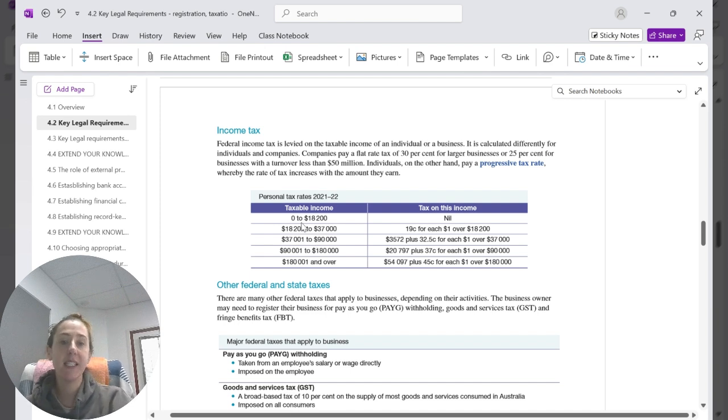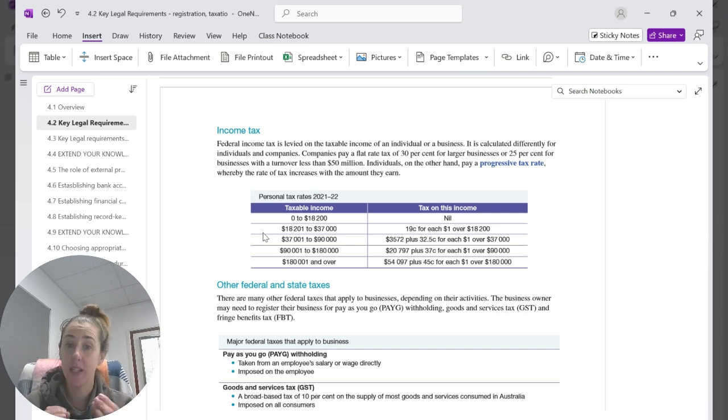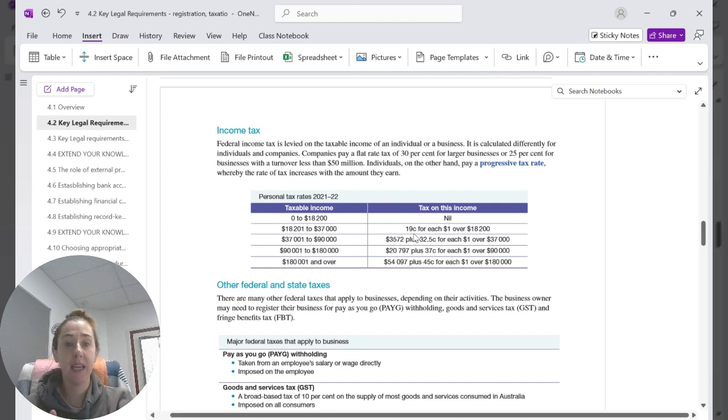The way to explain this is that if you earn $0 to $18,200, you would pay no tax on your income. For income from $18,201 to $37,000, you would pay 19 cents for every dollar that is over that $18,200.